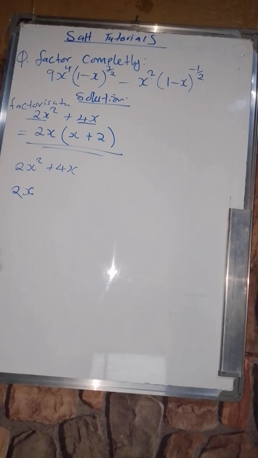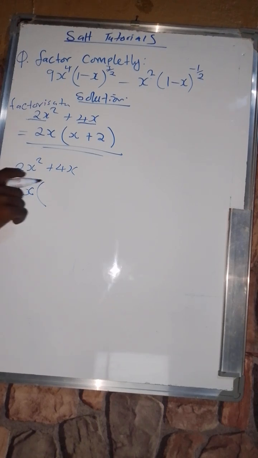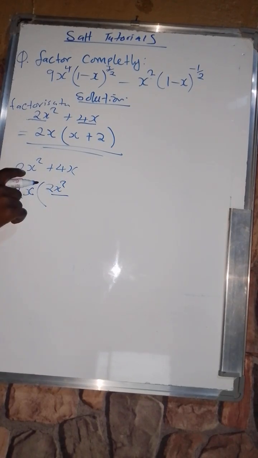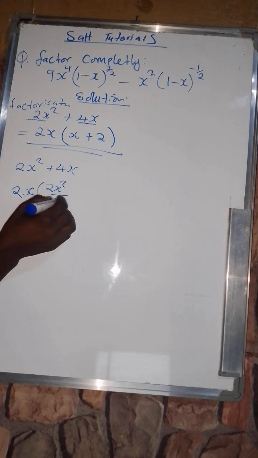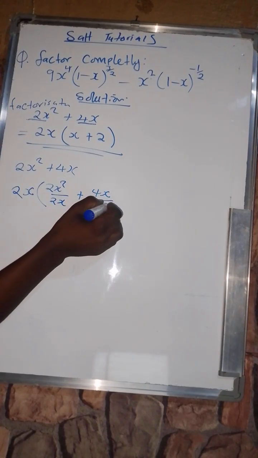Open bracket. If this is my common factor, it means we are going to divide every term by this common factor. So I'm going to have 2x squared divided by the common factor 2x, plus 4x divided by the common factor 2x.